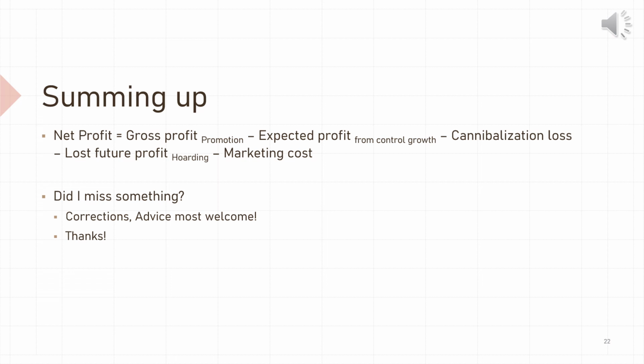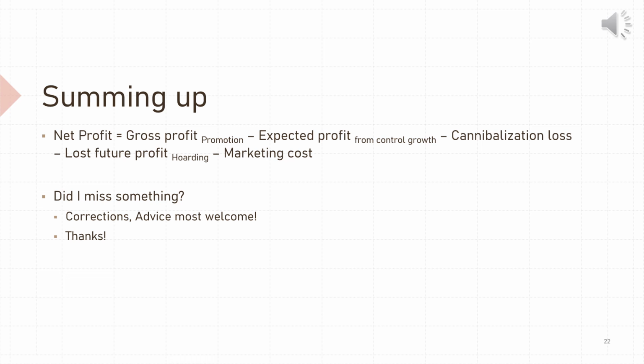Summing it all up, to estimate the profit from the promotions, we first calculate the gross profit that resulted from the promotion. Then we calculate the expected profit if the promotion had not happened, using the control group growth. Once we calculate the expected profit, we subtract it from the gross profit.